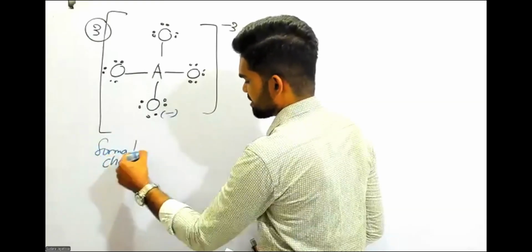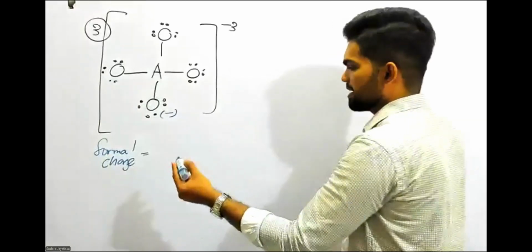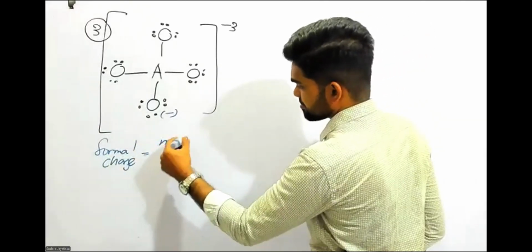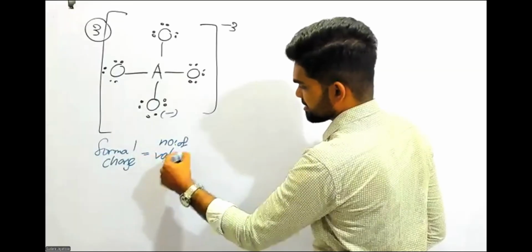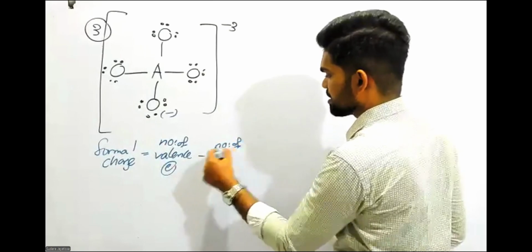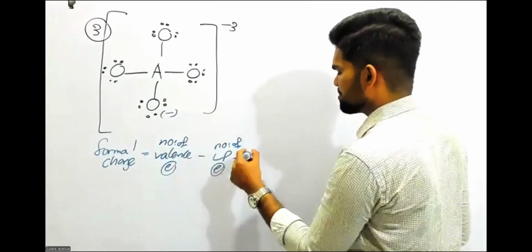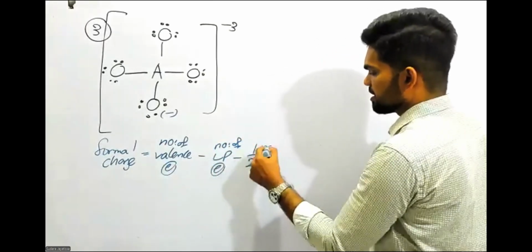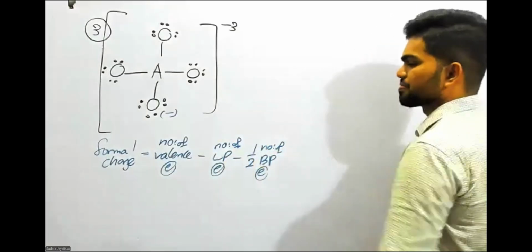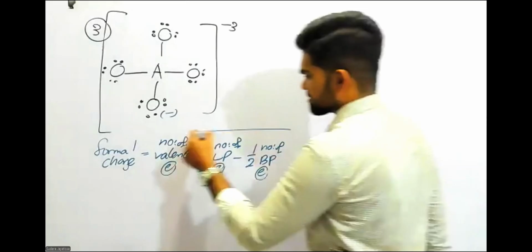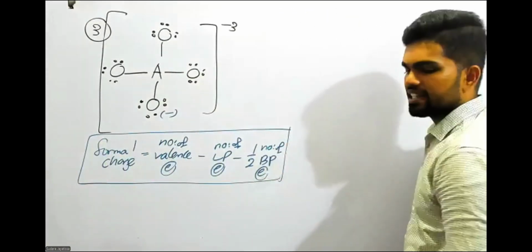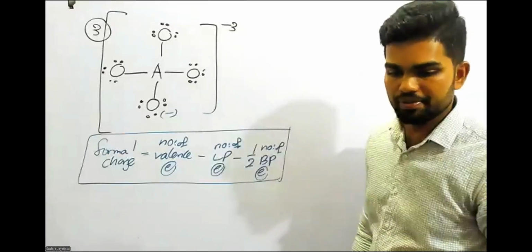Formal charge of an atom in a molecule or ion is given by number of valence electrons minus number of lone pair electrons minus half of the number of bond pair electrons. Okay, so this is the formula. It was asked to write in 2017 A-level paper.